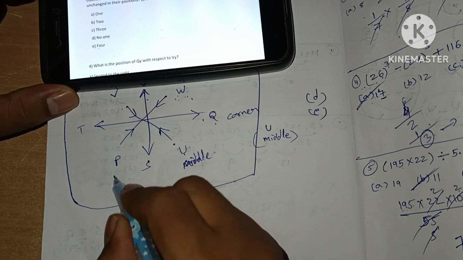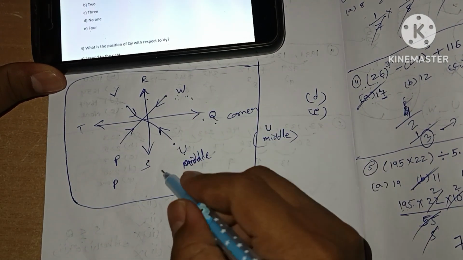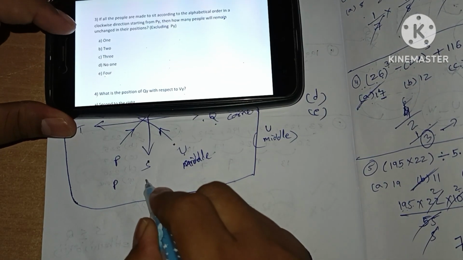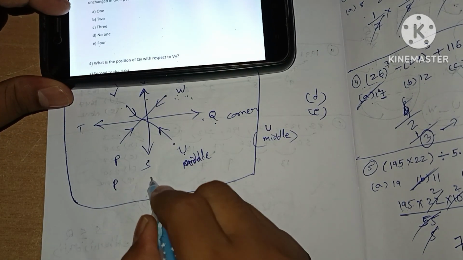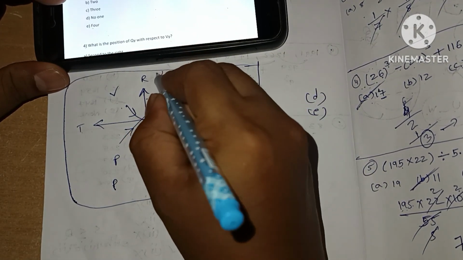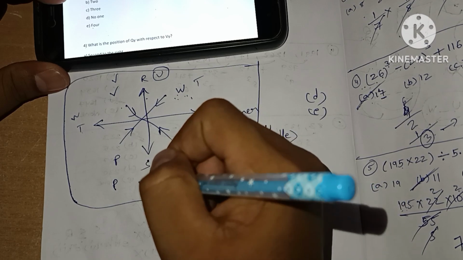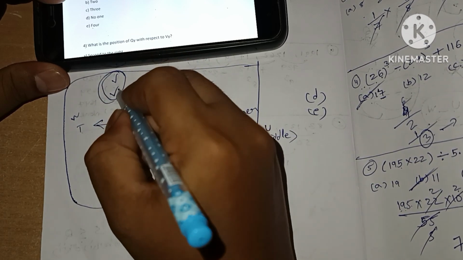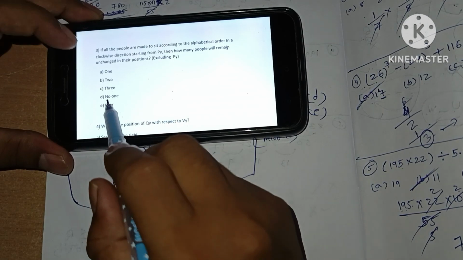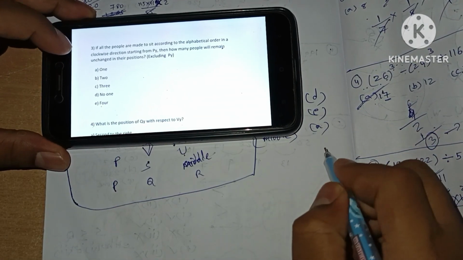From P we write in clockwise direction if it is in correct sequence, but it is in wrong sequence, so we'll take anti-clockwise direction. P Q R S T U V W. So only V is matching here, none of the others is matching, so the answer will be option A. Option A is our answer.